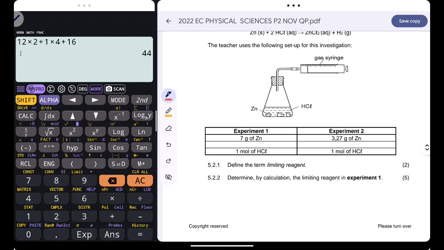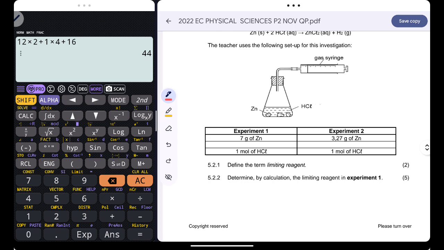All together. Once one substance is completely used up, the reaction will reach completion. Right, together. So the definition simply says it is a substance that is completely used up in a chemical reaction.